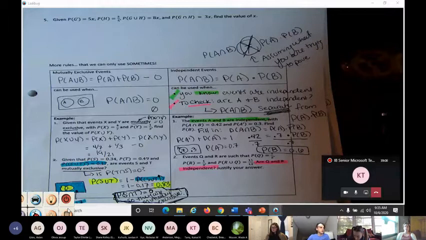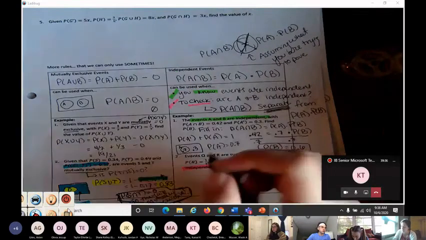So in number 2, it says events Q and R are such that P of Q is 1/2, P of R is 1/3, and the union is 11/12. Are Q and R independent? Justify your answer. So the first thing we need to do, if we want to figure out if they're independent, is find the intersection and find the product.